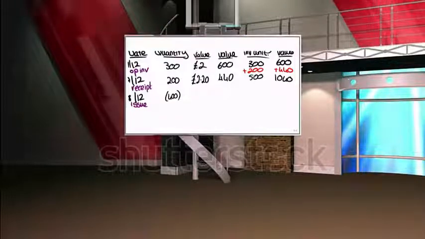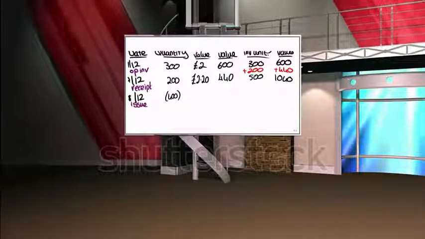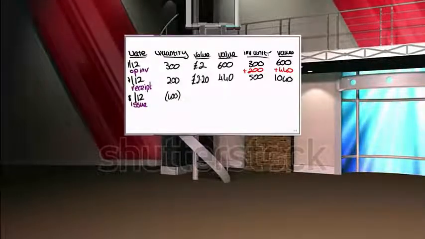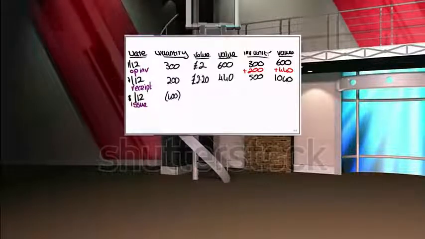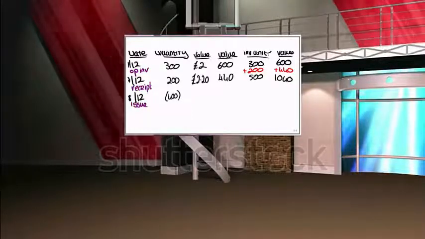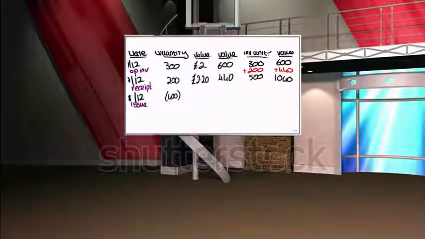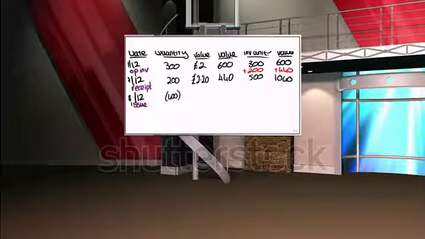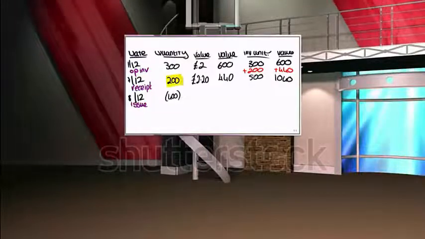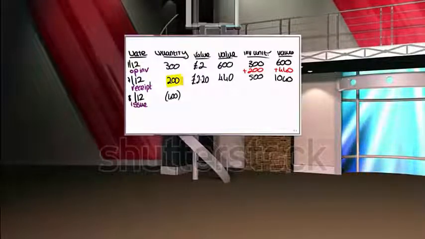Now, under the LIFO method, when we are issuing units, we are going to issue our most recently purchased units. Clearly, we can see that our most recently purchased units will be the 200 we bought on the 7th of December. So we're going to issue these 200 units first.